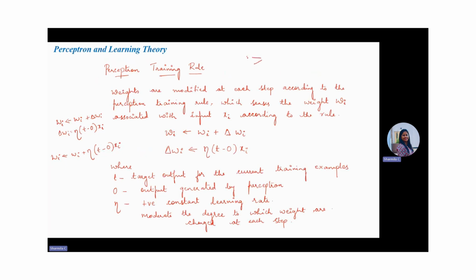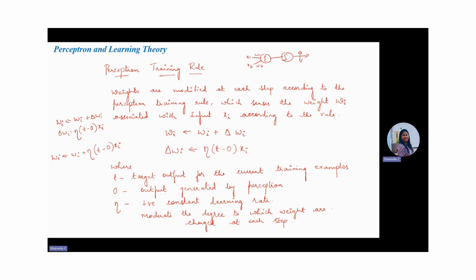We have the summation, and this is given as an input to the activation function. From the activation function, you get this output. So this is what O represents: the output generated by the perceptron, the obtained output from the perceptron.